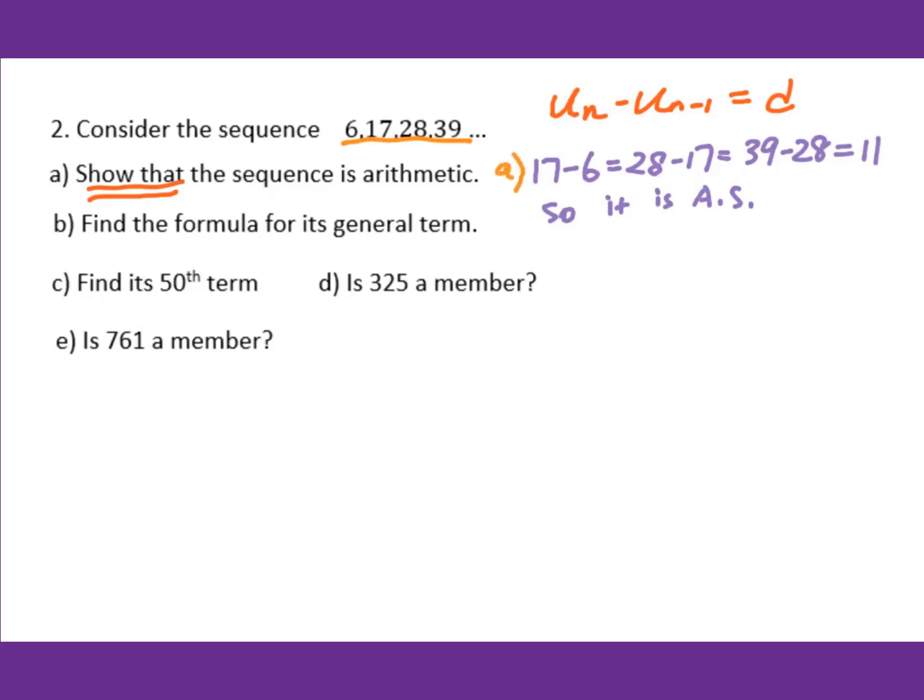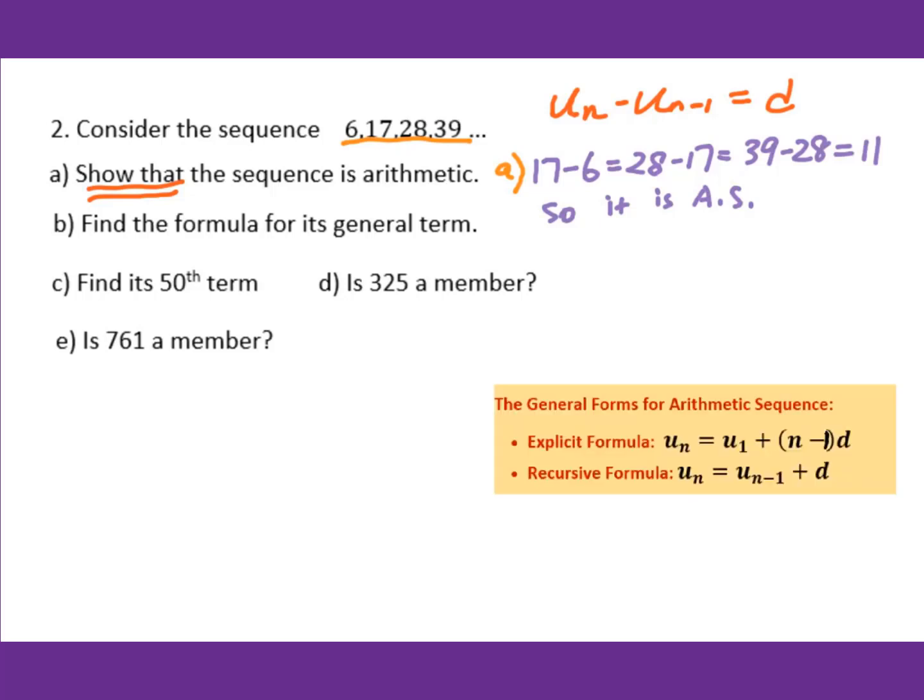This is for A. For B, find the formula for its general term. General term means U sub n. For B, U sub n equals U sub 1 plus n minus 1 times d. We know 11, that's d.